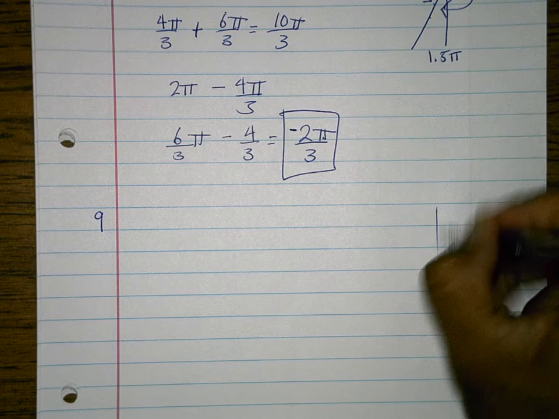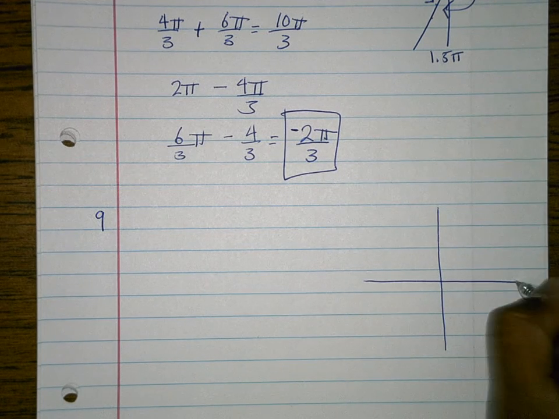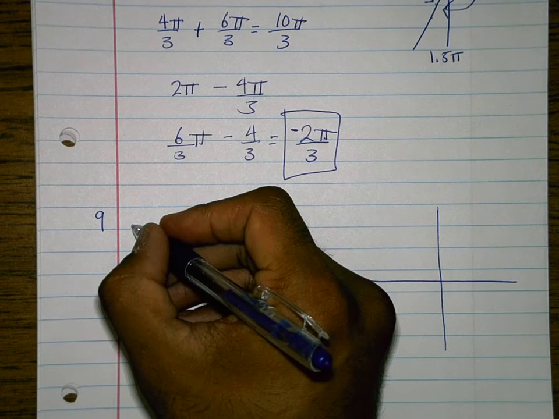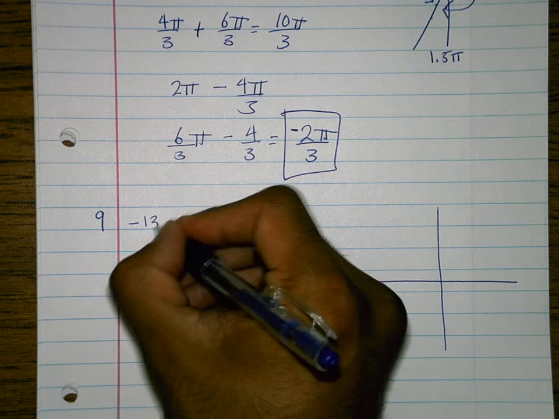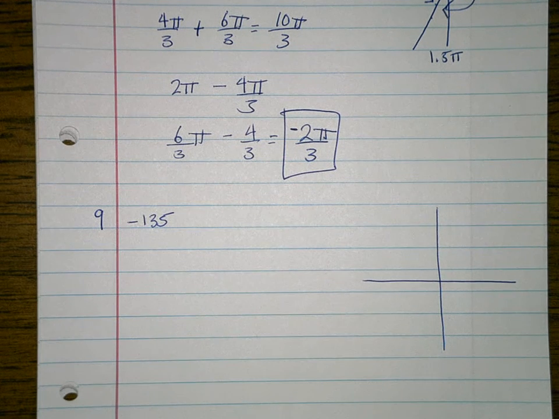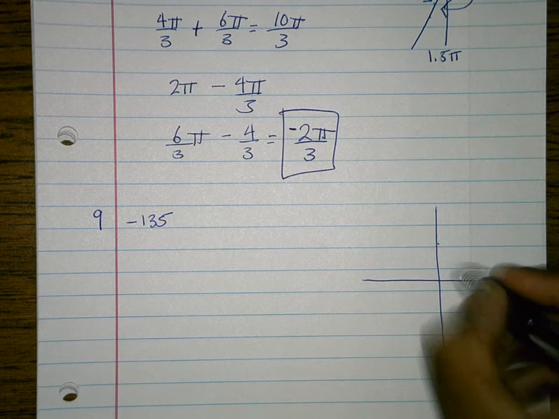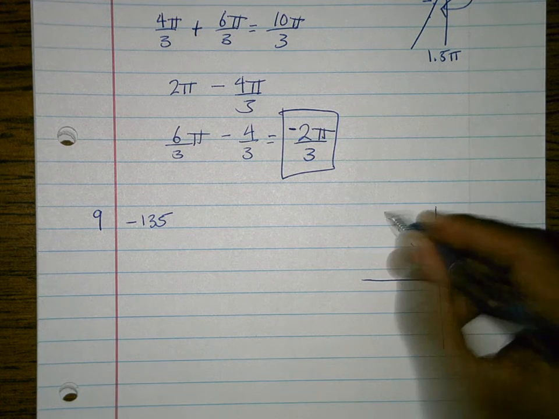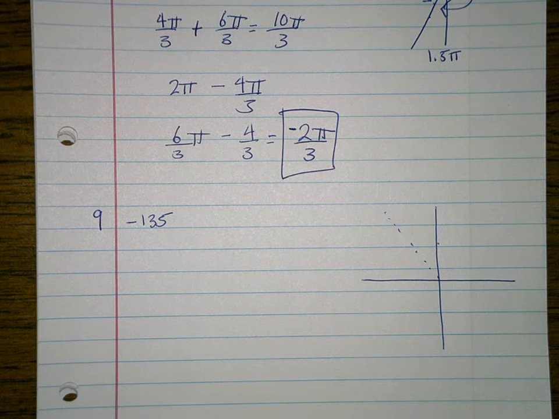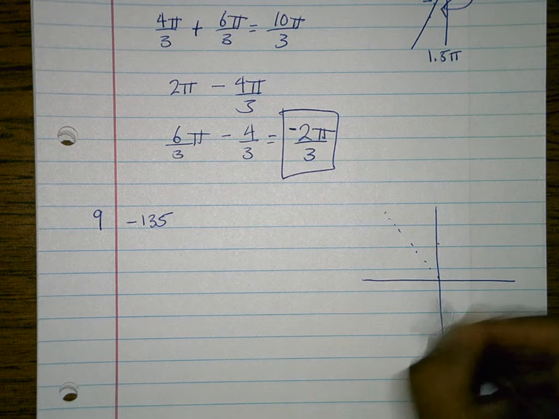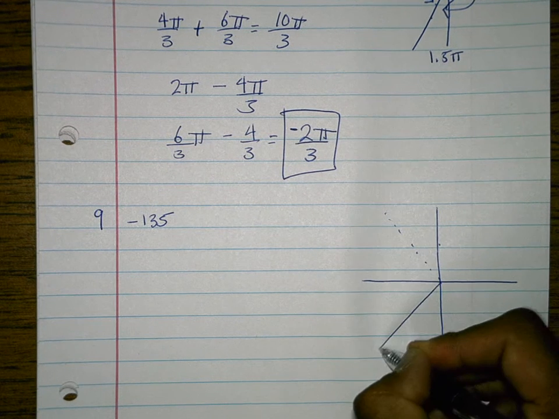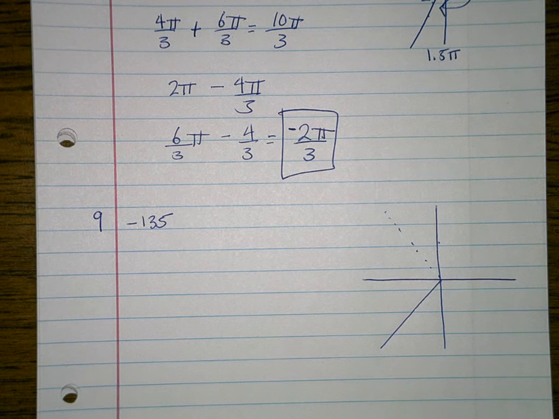Giving myself a picture here, it's negative 135. A positive 135 is the same as 90 plus 45, so that would be right there. But it's negative, so it's really down here.